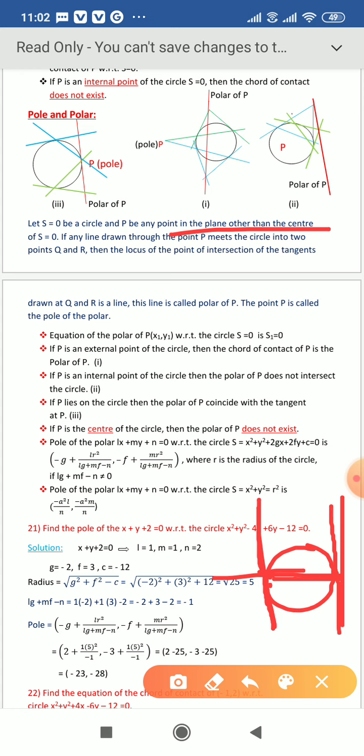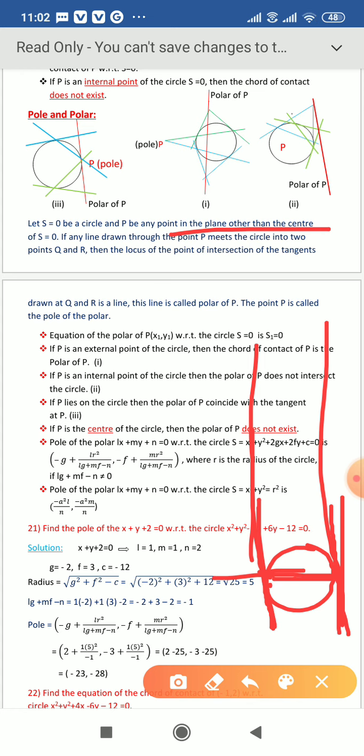If two lines are perpendicular to one line, those two lines are parallel to each other. So this tangent and this tangent are parallel, so there is no point of intersection of these tangents. If there is no point of intersection of the tangents, there is no locus of those points of intersection.